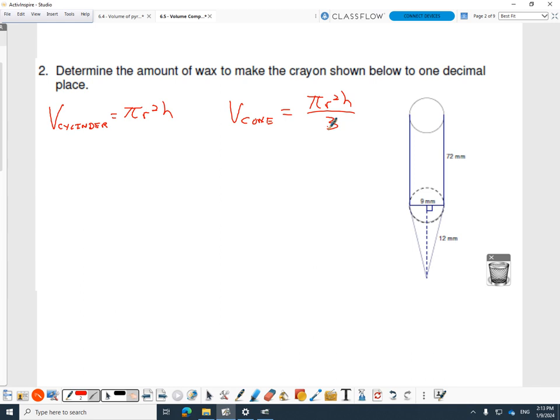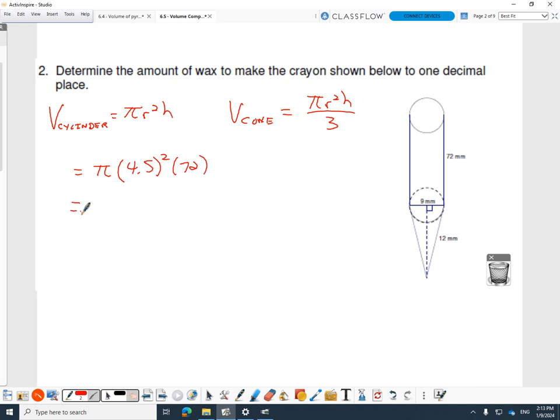So here I go. This one, pi. I can't read it. On your page, can you read it? What does it say? No, the radius. 9. Oh, it's not 9. 4.5. And what's the height of the cylinder? Oh, she said it already, 72. She was a step ahead of me.